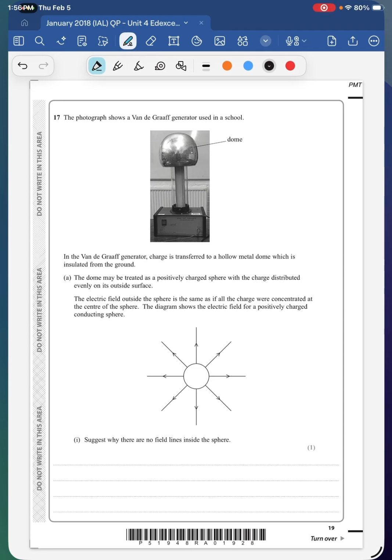The electric field outside the sphere is the same as if all the charge were concentrated at the center of the sphere. The diagram shows the electric field for a positively charged conducting sphere. Suggest why there are no electric field lines inside the sphere. Inside the sphere, okay, the electric field is 0, so no lines, okay?